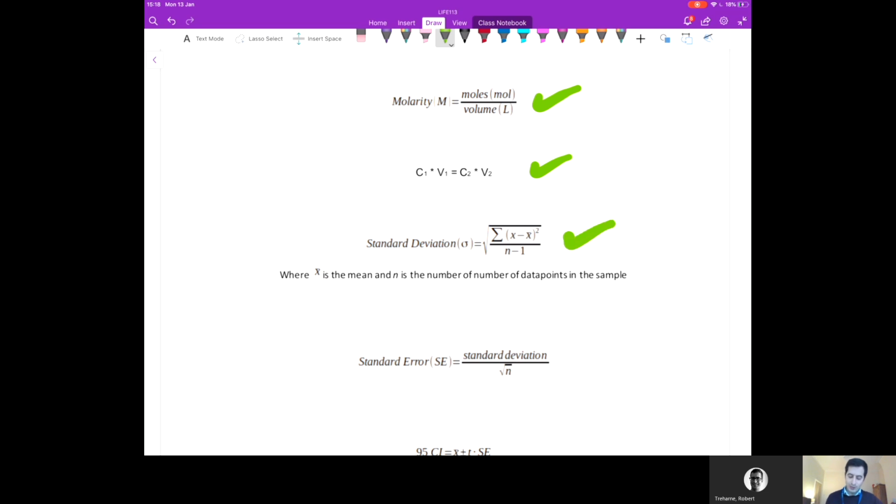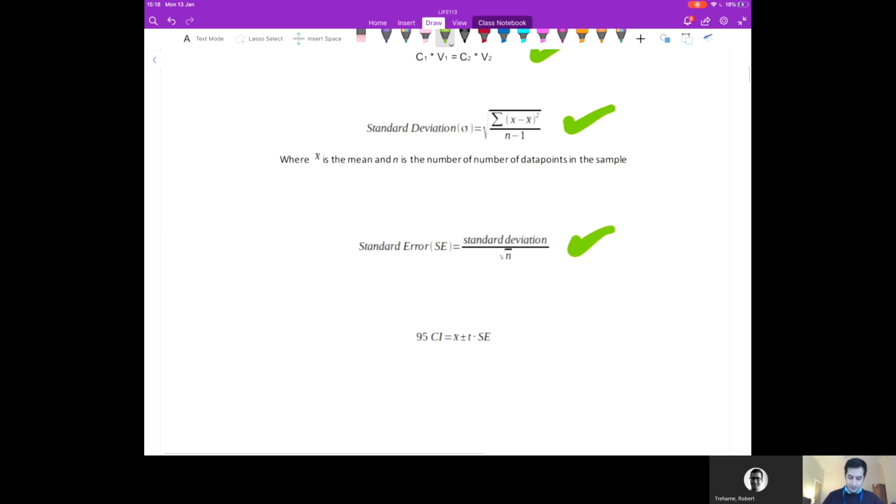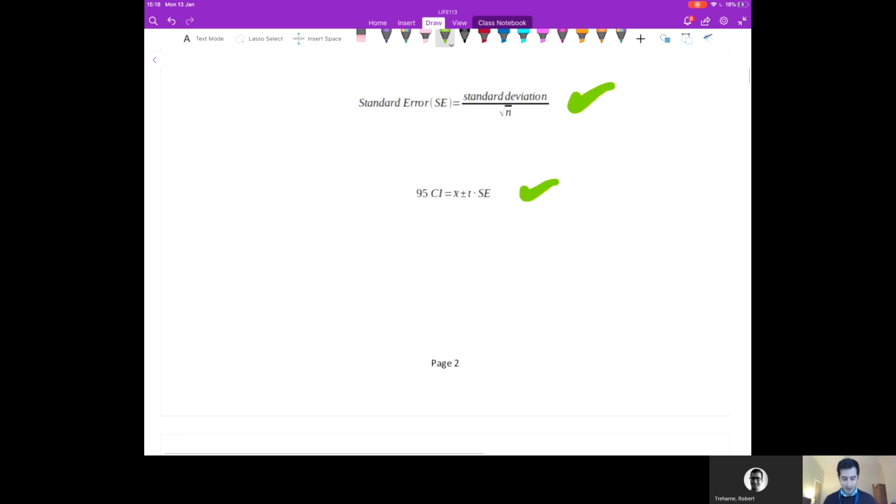Here's the complicated equation for the standard deviation. Here's the standard error. And here is the 95% confidence interval. Now, you might not need all of this information in this mock paper, but hint, you may well need all of it in the actual paper, okay? So this is the information I'm providing you.